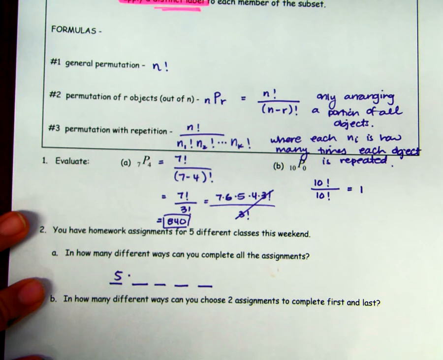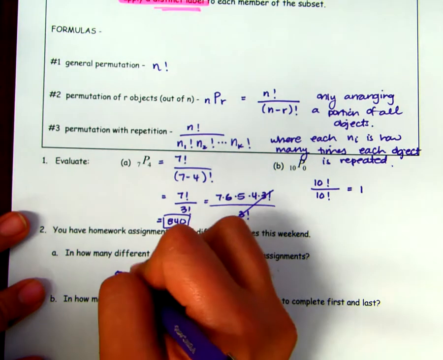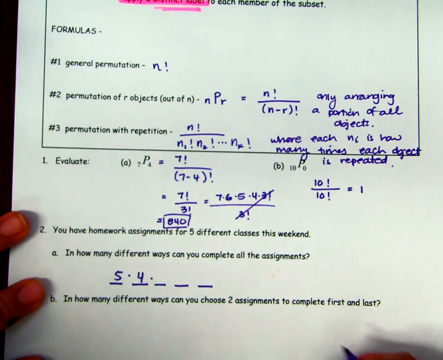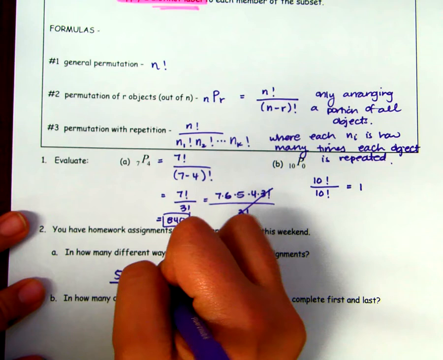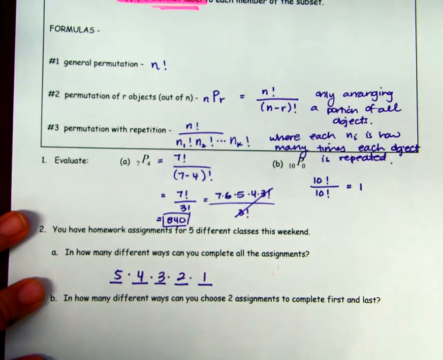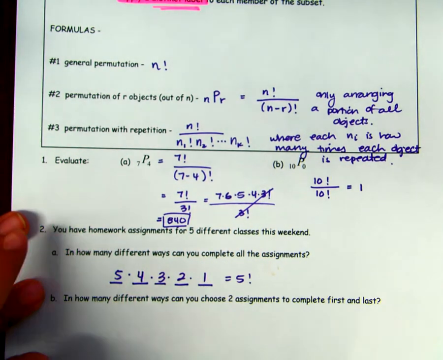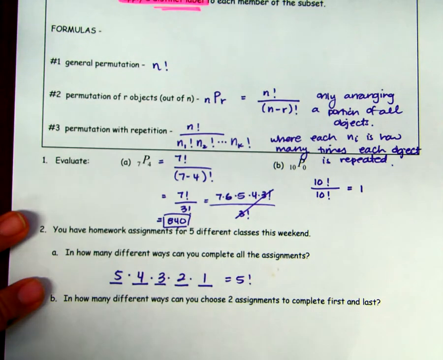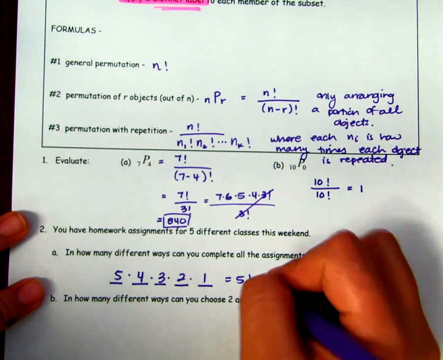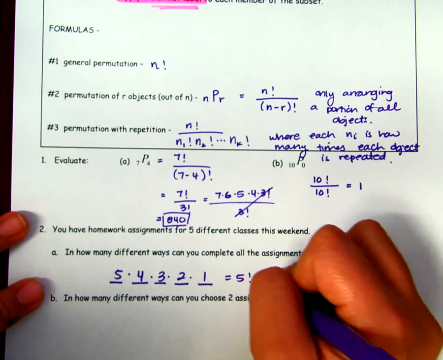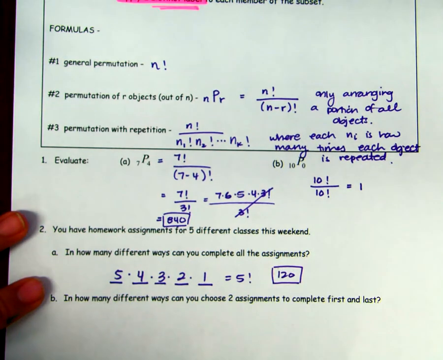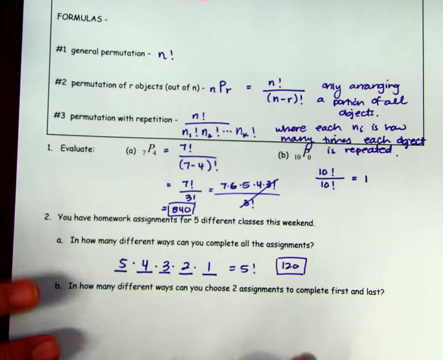For my second assignment, since I already did 1 of them, now I have 4 options. For the third assignment, I've already done 2 of them, so I have 3, and then 2, and then 1. Or in another way, this would be 5 factorial. This is kind of like our general permutation, where you're just arranging all the objects. So in this case, there are 120 ways in which you can complete all of the assignments.